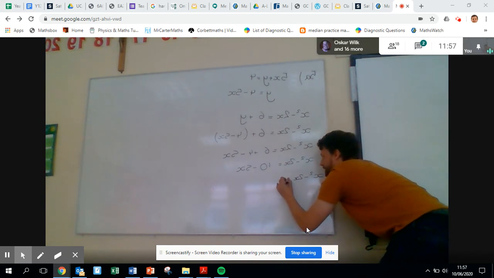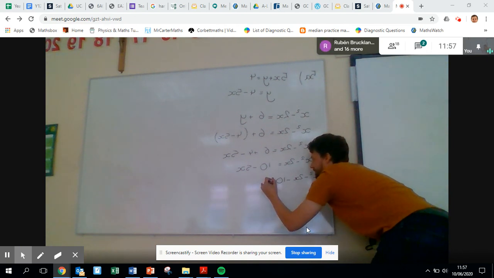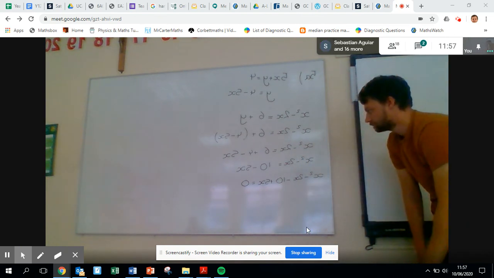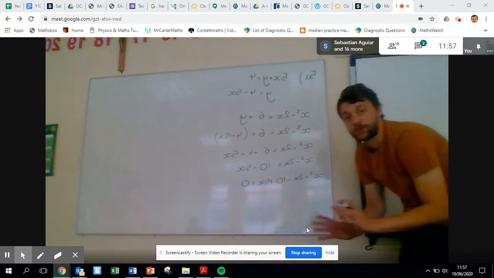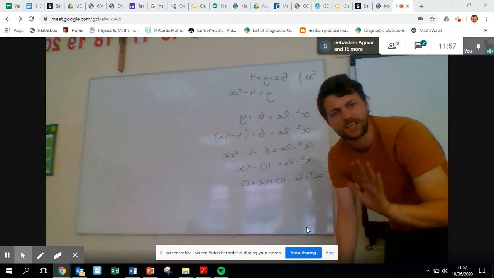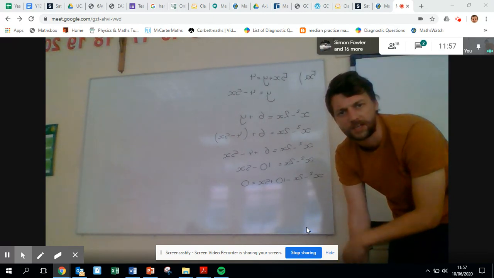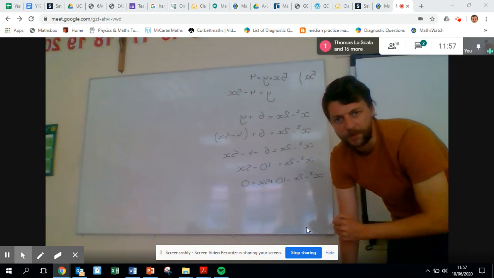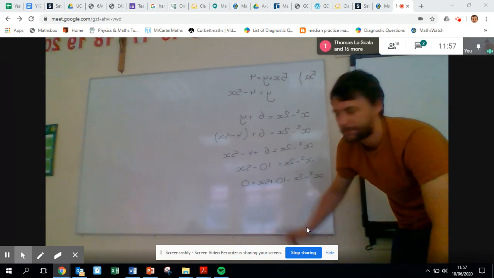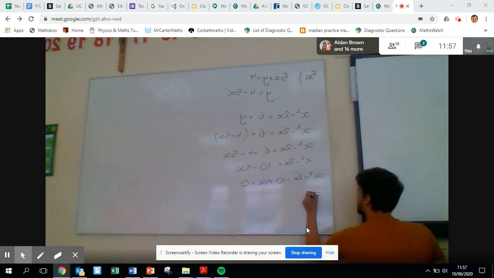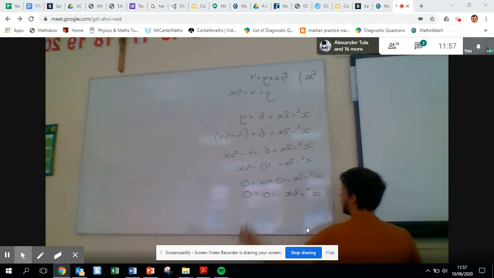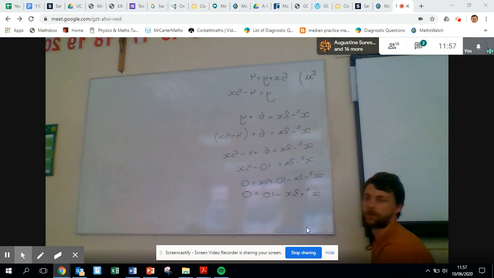Let's subtract 10 from both sides and add 5x to both sides, giving us 0. Actually, before I do that, is everyone okay with that step? Tell me if you're not. If that step was a step too quick, let me know and I'll do it in 2 steps. I just took 10 from both sides and added 5x to both sides, but I did it in 1 step. So x squared minus 2x plus 5x is 3x minus 10 equals 0. And now we have hopefully a nice solvable quadratic equation.